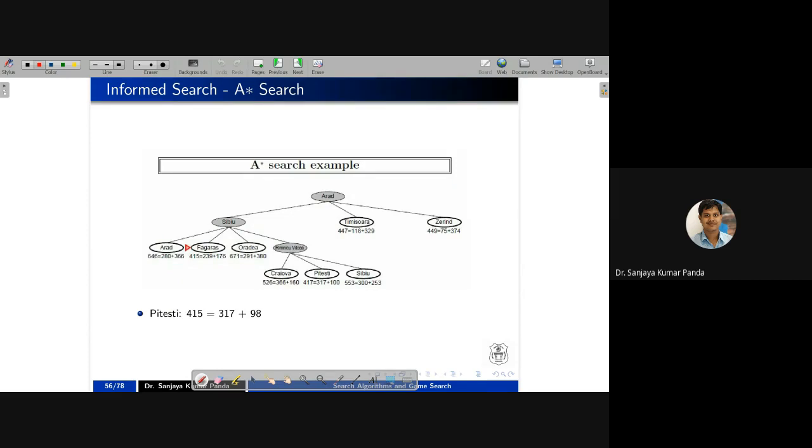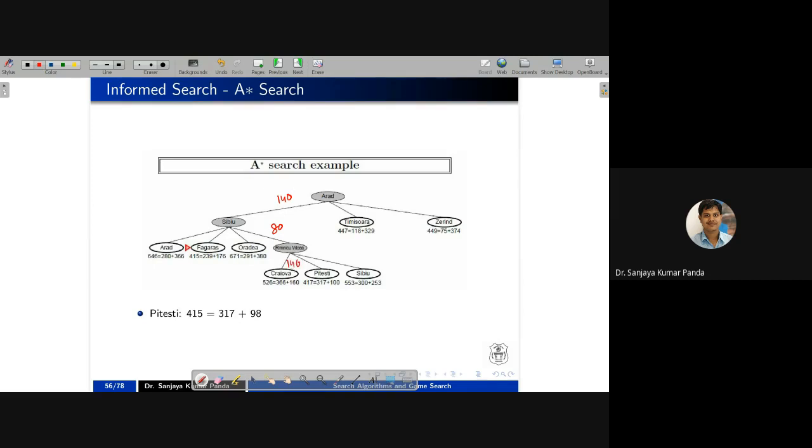If you expand R, again you are getting C, P, and S, right? Again you have to calculate all the values. This is 140, S to R. The cost from S to R is 80, and the cost from R to C is 146, I think.